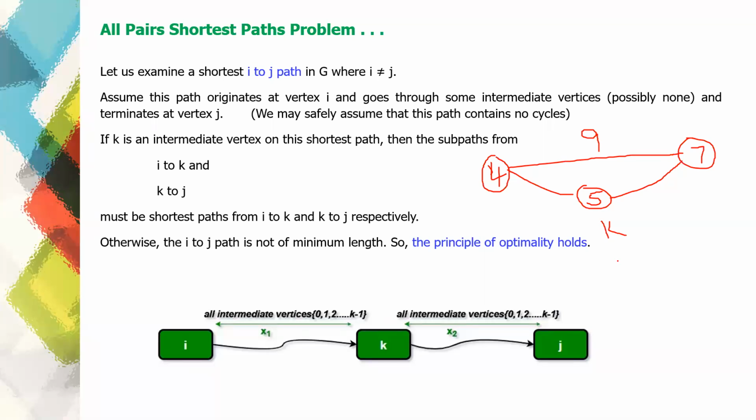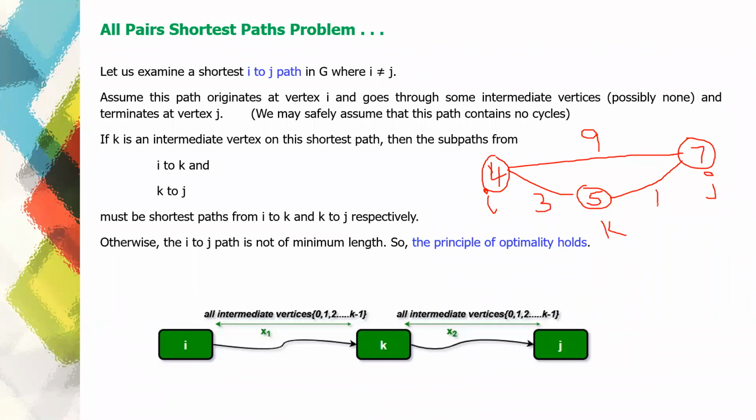So this is the ith node and this is the jth node, and k is an intermediate node connecting the ith node to the jth node. And if you explore and check the cost of this path, it may be less.